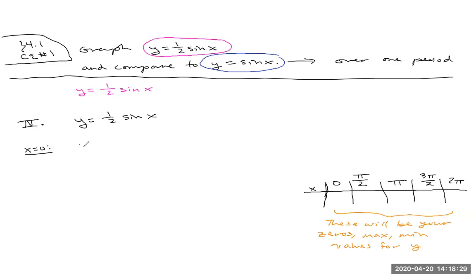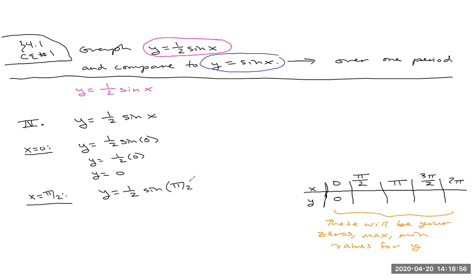When x equals 0, y equals 1/2 times sine of 0. That's 1/2 times 0. So y will be 0 here. Okay. When x is equal to pi over 2, we have y equals 1/2 sine of pi over 2.